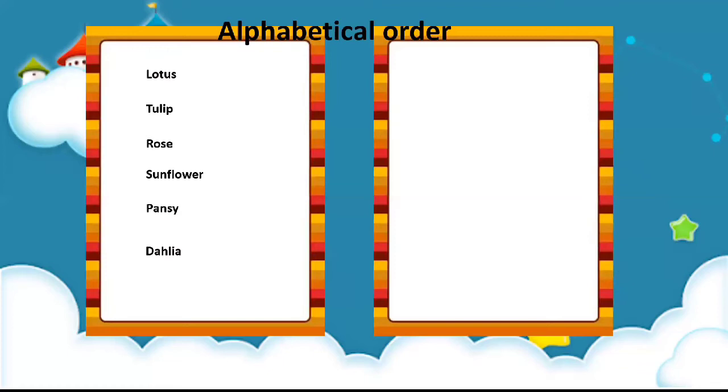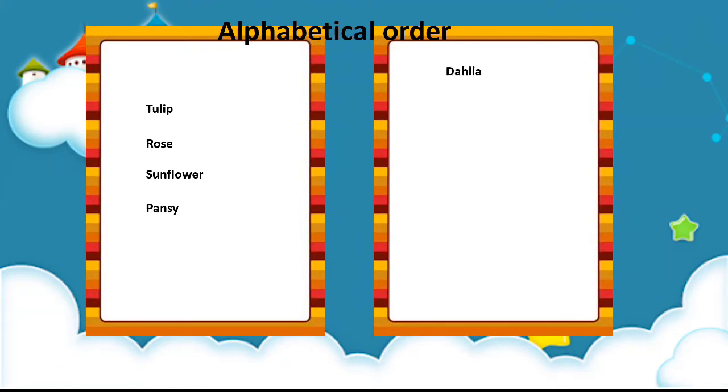Here I have some names of flowers which are not in alphabetical order, and I have to put them in alphabetical order. Lotus, tulip, rose, sunflower, pansy and dahlia. I will put them into alphabetical order. The first one will be dahlia.